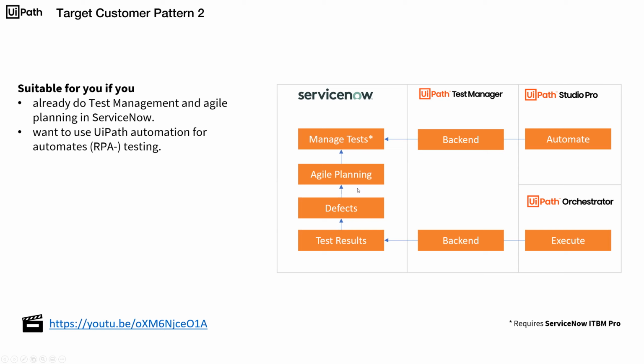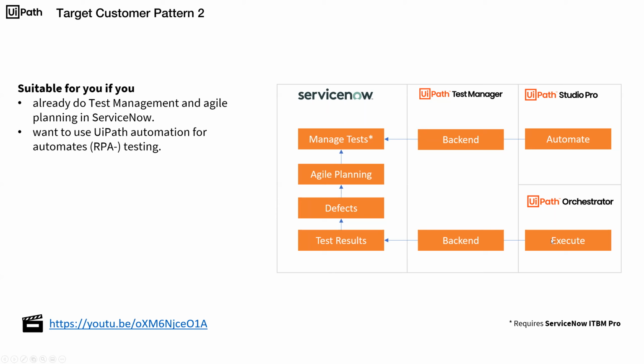The only thing we do for you is we let you assign automation in Studio Pro to your ServiceNow test cases. So actively as a user, you will not be using the Test Manager web application. I will show you in a second how this works. Basically, you will be able to assign the automation from Studio Pro directly to your test cases in ServiceNow.